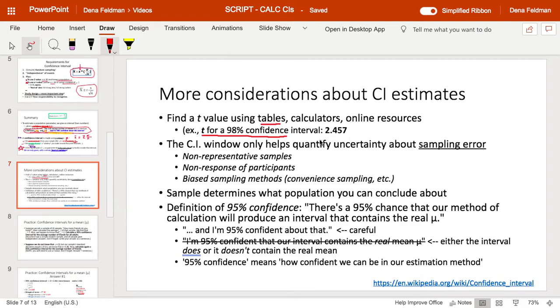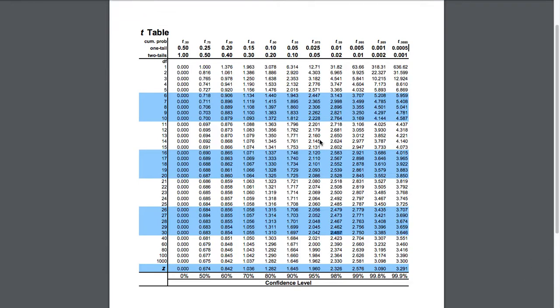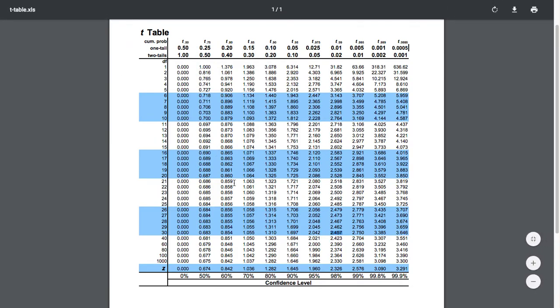And how do I get this? I could open up a table, like this table, and down here you can see it says confidence level. I'd be looking for a confidence level of 98%, and I look for a row, which is called the degrees of freedom.